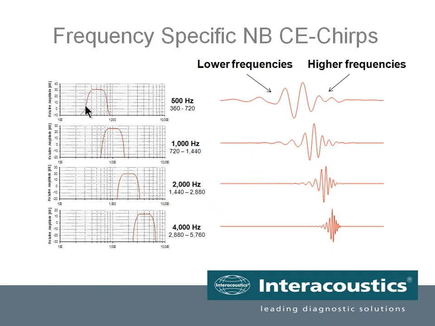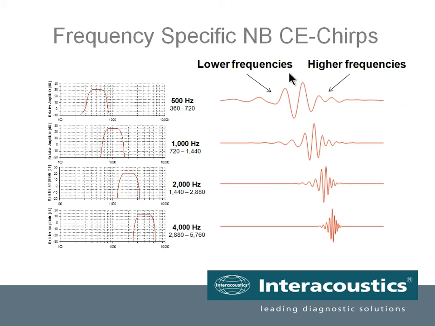Well, for 500 Hertz we have a stimulus that has this kind of spectrum. And if we look at the stimulus in the time domain, it has the same chirp features of having the lower frequencies appear prior to the higher frequencies.